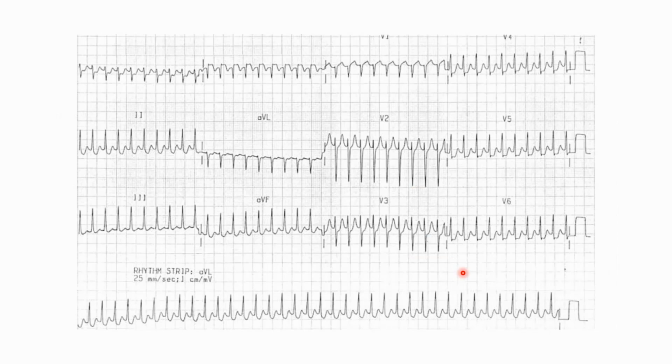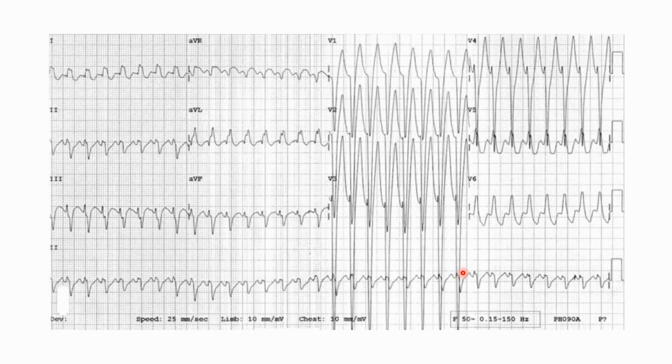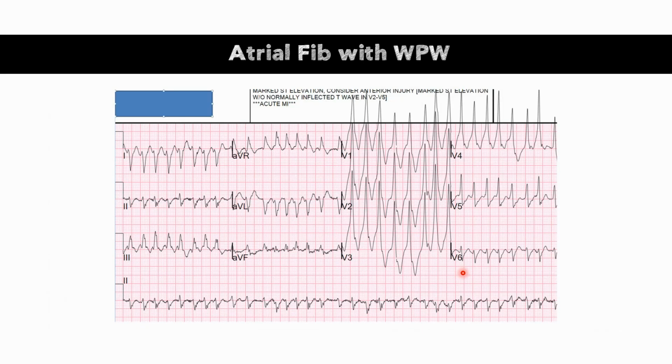So what is wrong with this patient? Well, this ended up being WPW, but they didn't know that at the time. What is wrong with this patient? This was also WPW, but it looks like a regular, pretty wide complex tachycardia.